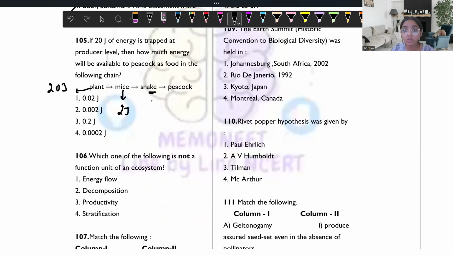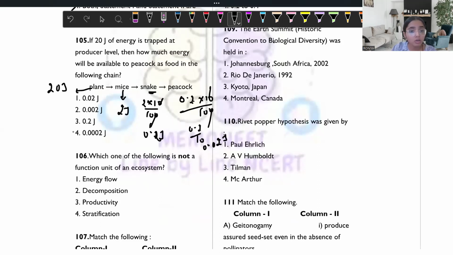In snake, 10% of 2 joules will be present, which is 2 into 10 by 100, which is 0.2 joules. In peacock, 10% of 0.2 joules will be present, which is 0.2 into 10 by 100, which is 0.02 joules. So the answer will be 0.02 joules, that is option number 1.